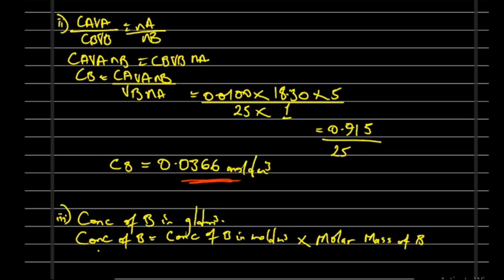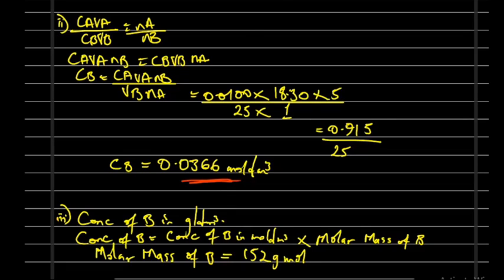So we have our molar mass of B, like we have calculated earlier on. Molar mass of B equals 152 grams per mole. That is the molar mass of B.